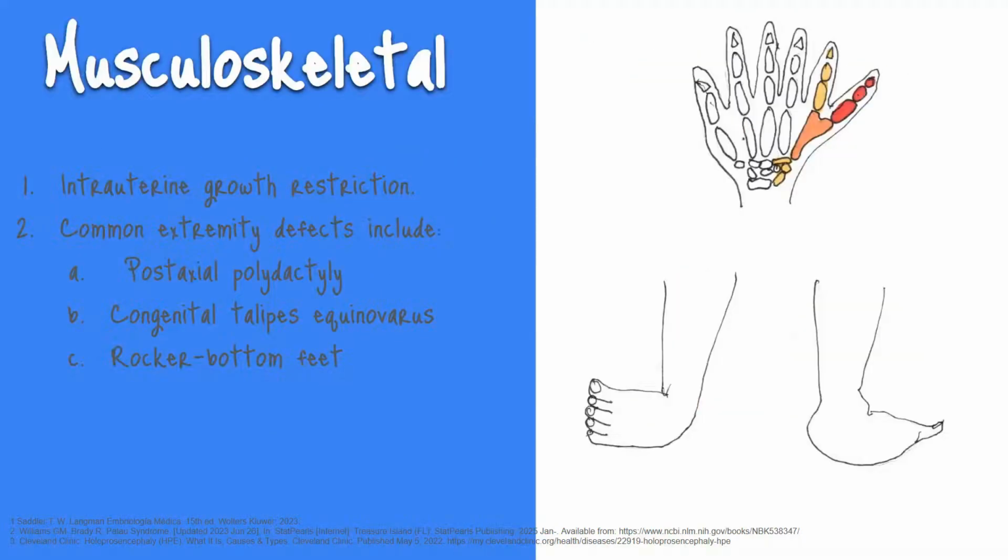Musculoskeletal. They can have intrauterine growth restriction, which is a smaller baby for gestational age, and common extremity defects include post-axial polydactyly. For example, if it's your right hand, the finger on the right is going to be duplicated.